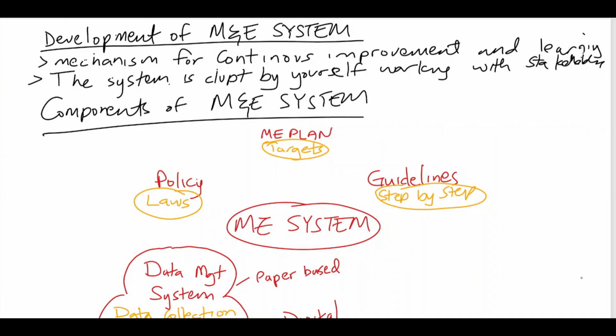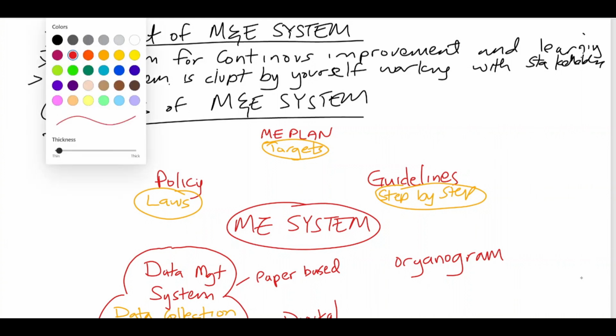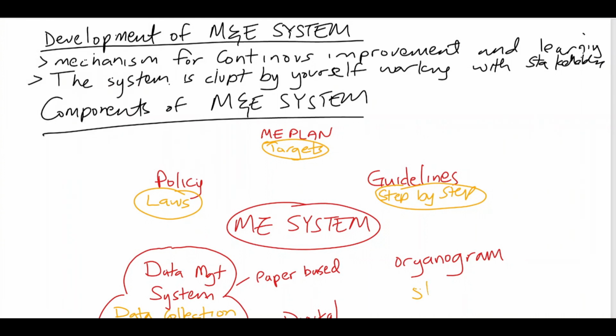The last component, but not the least, is the organogram. Guys, I'm telling you the truth. From my experience, this is what constitutes an M&E system. The organogram is basically the staff structure. I'll give you an experience that I noticed most of the time.